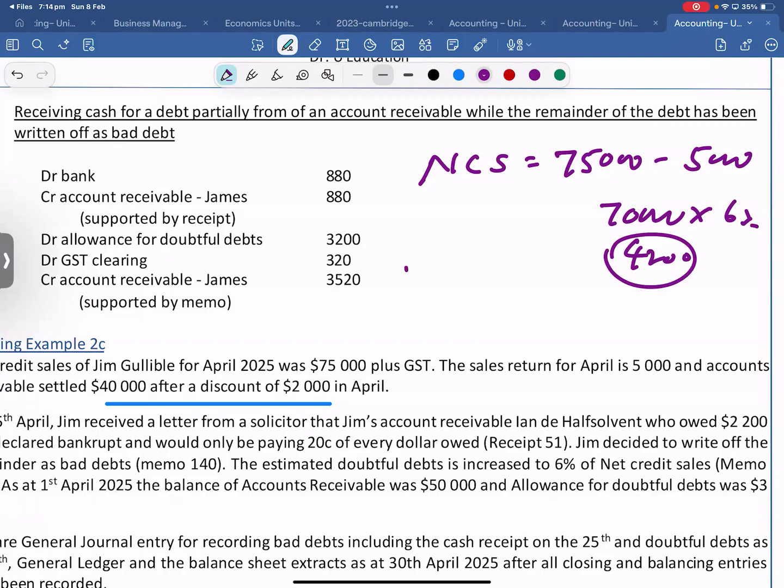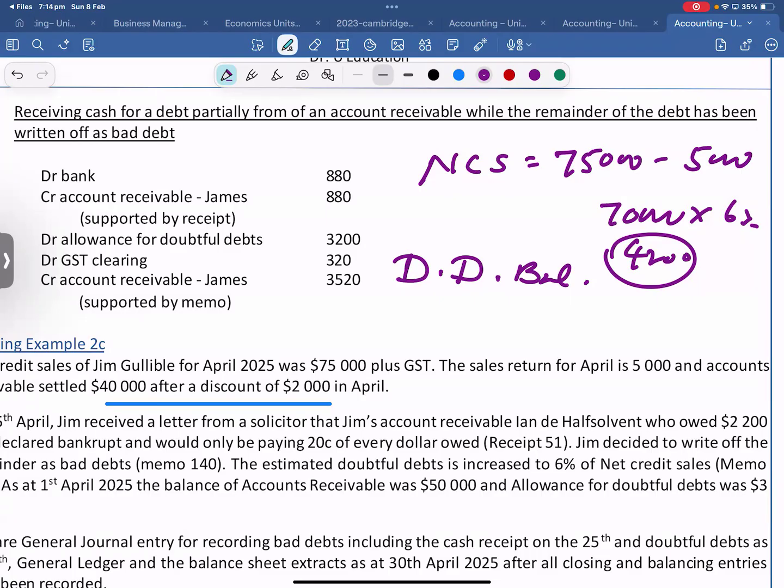This is the doubtful debt balance for April. Now, what's the treatment for 4,200, guys? Negative asset. What's the double entry? Debit bad debts, credit... Is that what I told you?